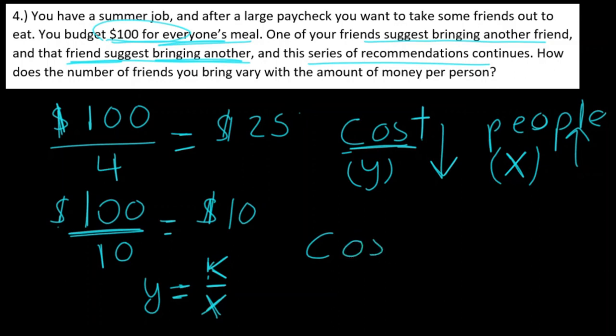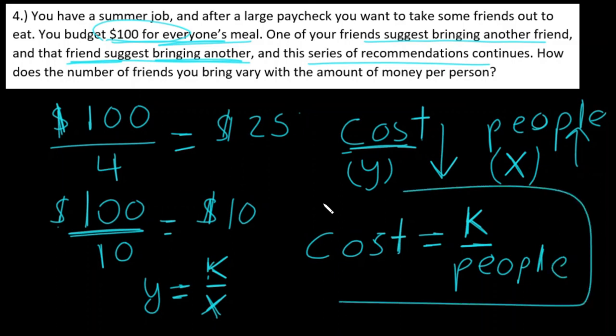The cost is equal to some constant k, some proportion that we don't know yet, over x, the number of people. And so this is how we would write this situation out as inverse variation. Okie doke. Cost is equal to k over people.